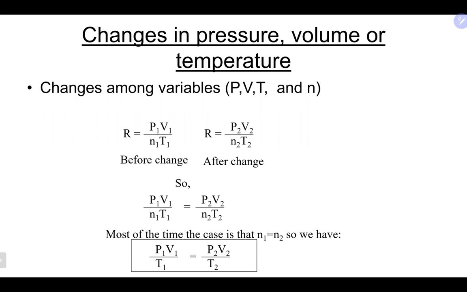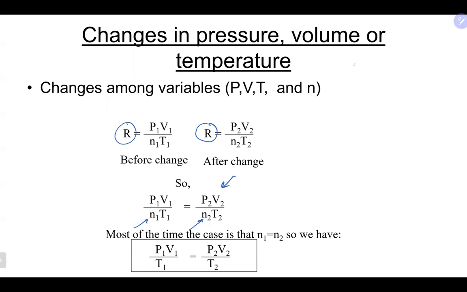Now that my heart started again, we are going to talk about changes in pressure, volume, and temperature. There is a relationship that deals with all 3 variables together. If we solve the ideal gas law for R, since they are the same value, we can set them equal to each other. As long as you don't open the top of the container and lose gas, the moles stay constant.